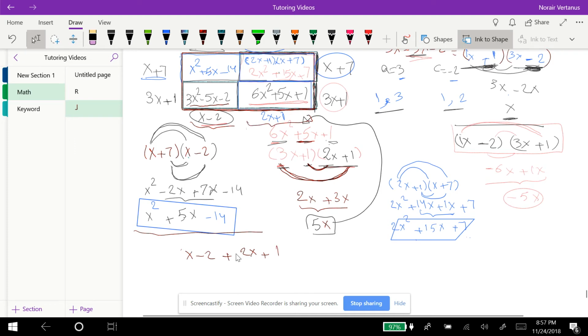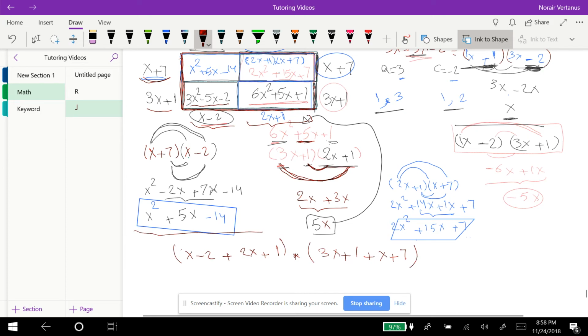So I'm going to put them like that, 2x plus 1, that whole thing, times the height, this height, which is 3x plus 1 plus x plus 7, the sum of these two. So that times 3x plus 1 plus x plus 7.